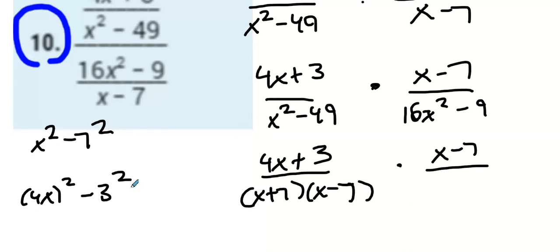Now, gents, 16x squared minus 9 turns into 4x plus 3 and 4x minus 3. And if you aren't sure, multiply it back out, it turns back into the original. And you'll see that things start cancelling.